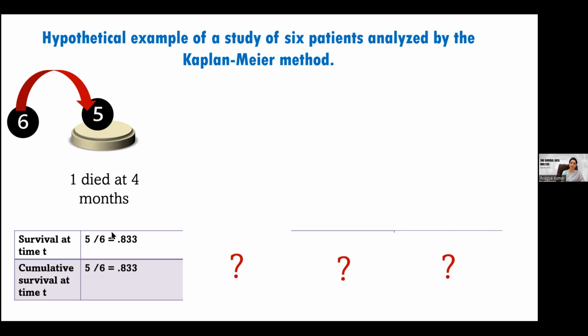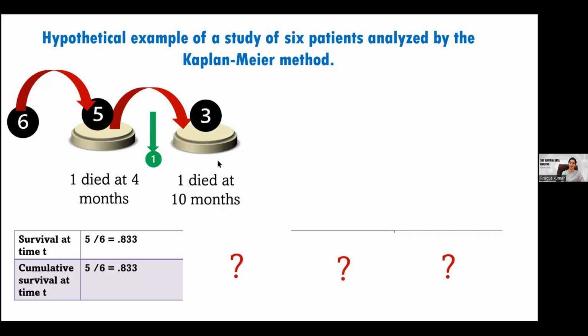But in this case, you are calculating the survival at time t. So you started with 6 and 1 person died. So what will be the survival? 5 people survived, so survival will be 5 by 6, and the cumulative survival is applicable for the next case.